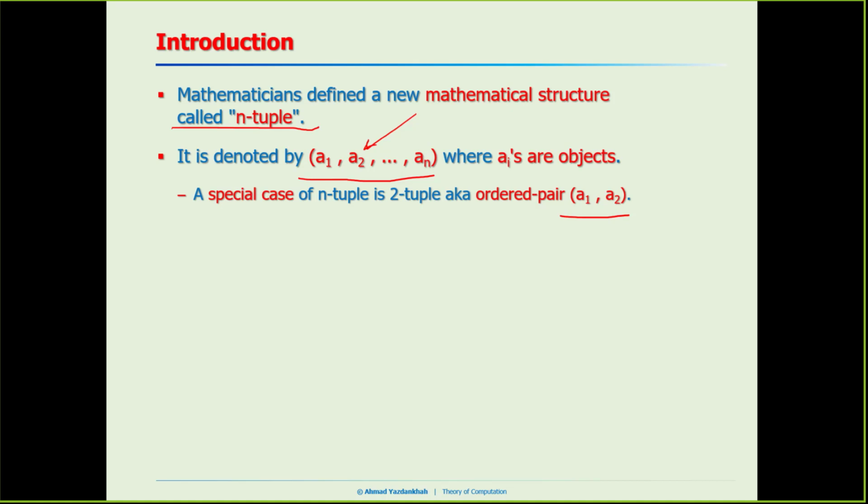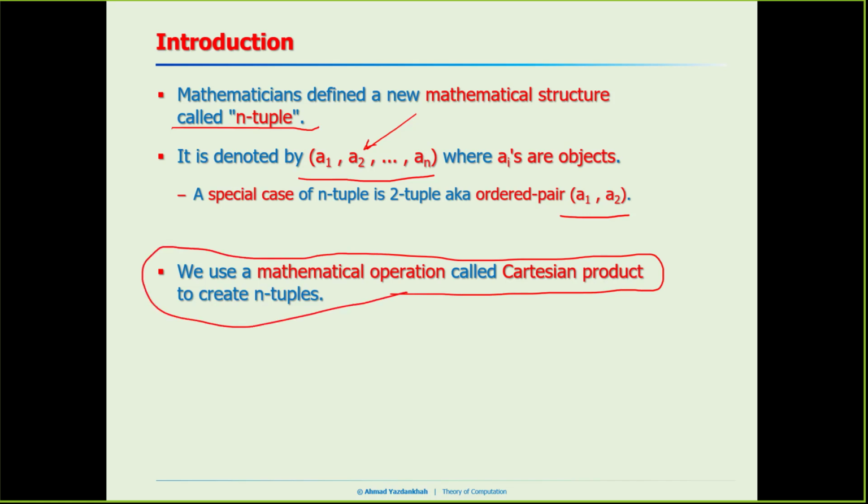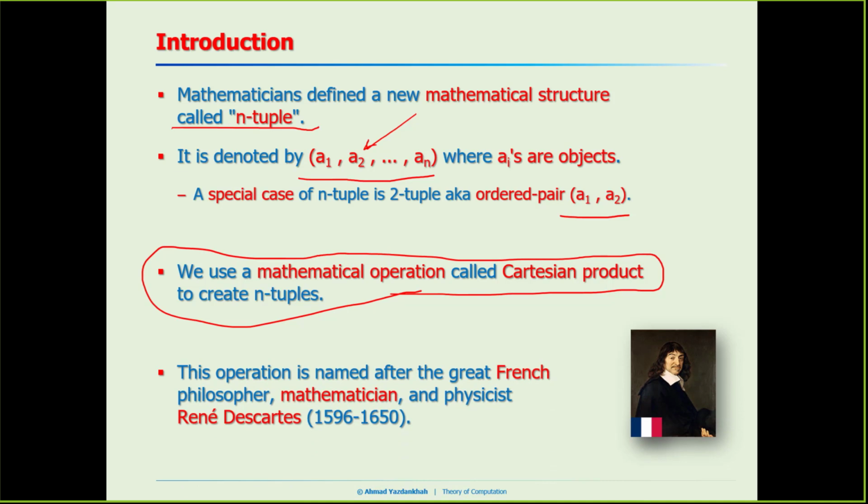So how can we create this n-tuple? That's why we need Cartesian product. Cartesian product's job is to create these n-tuples. And Cartesian product was named after this great French mathematician, René Descartes.